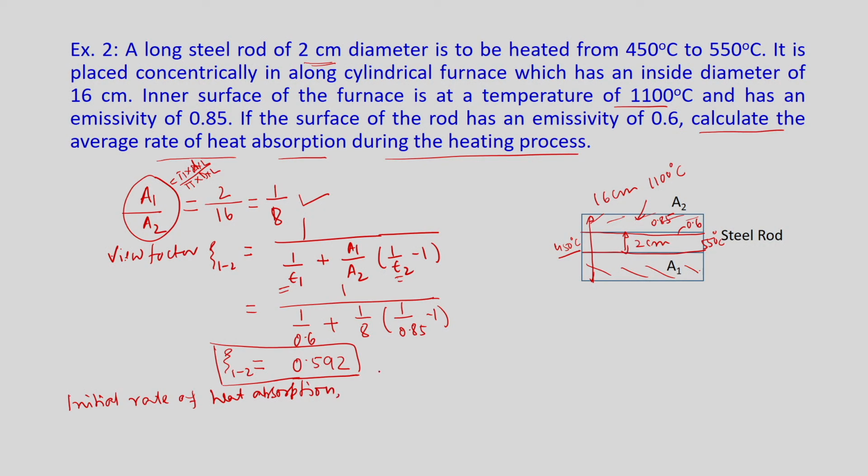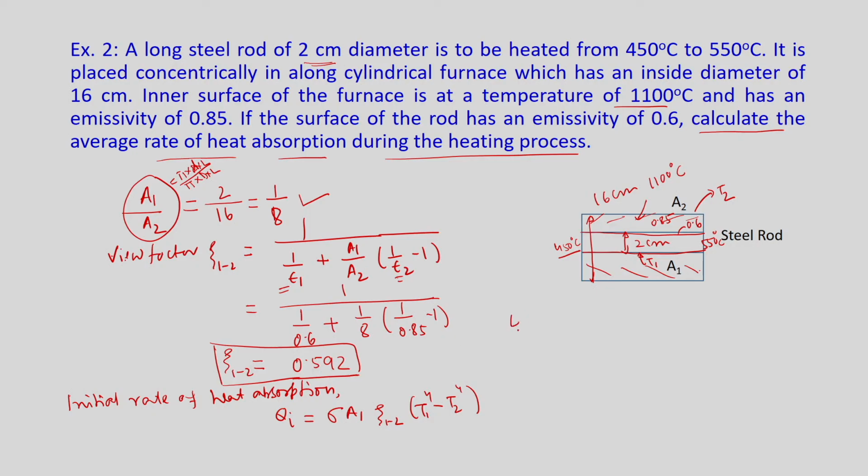If we are interested in the initial rate of heat absorption by radiation, we know the temperature initially is 450, then I will write Qi equals sigma A1 view factor F(1 to 2) times (T1 to the power of 4 minus T2 to the power of 4). If we consider this is at T1 and this is at T2, then for this case T1 is 450, and this has to be in Kelvin.